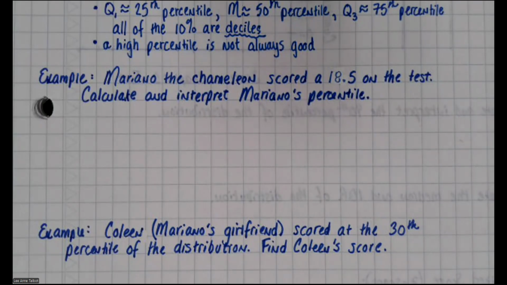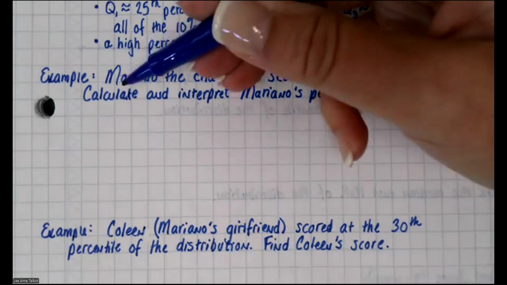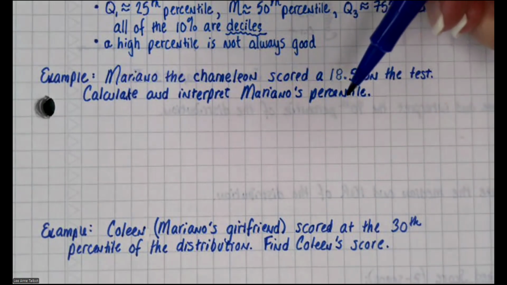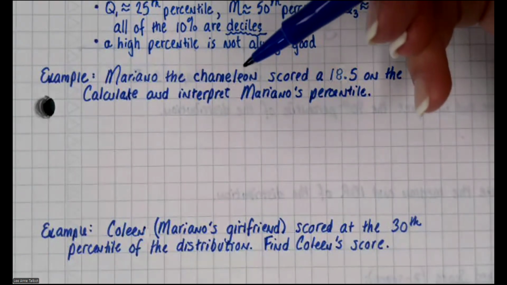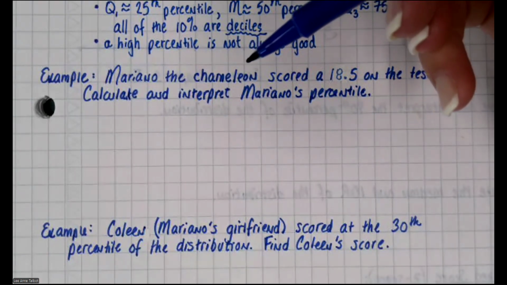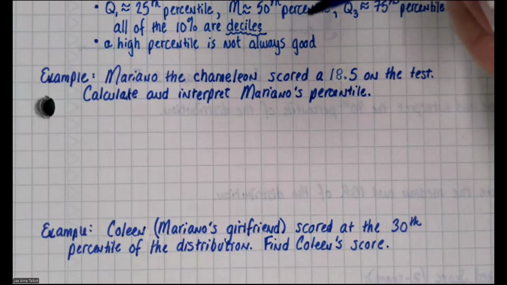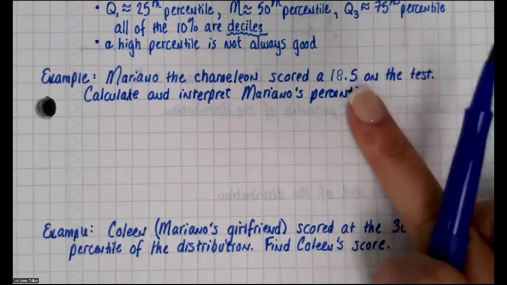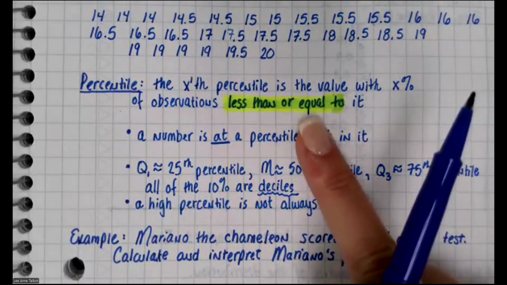All right, you guys. So Mariano the chameleon scored an 18.5 on the test. Calculate and interpret Mariano's percentile. In these problems, when I say interpret, I mean write a second grade conclusion sentence. There's not anything fancy here. You're just going to say your answer in a sentence. So 18.5 percentile is all the observations less than or equal to.